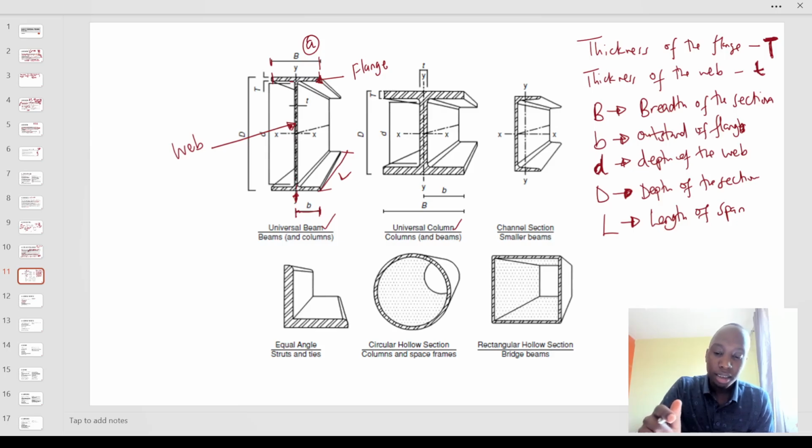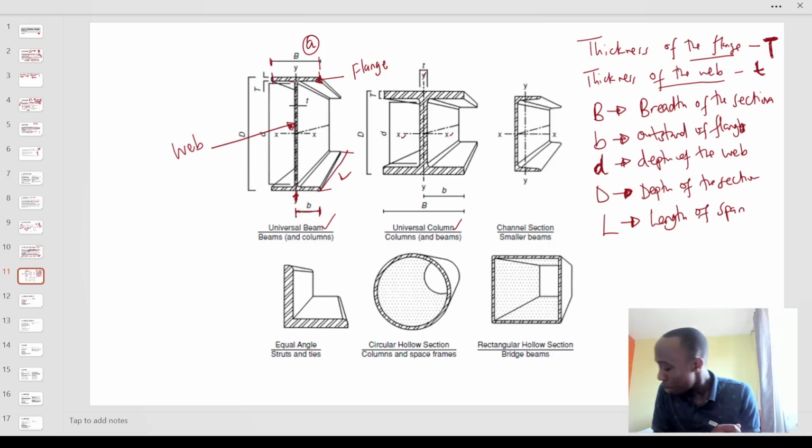The rest, oh, we have T and small t. We have talked about it: thickness of the web, thickness of the flange. What else do we want? YY section, XX is XX. Symmetry. What else? I think that's okay. Are we together?